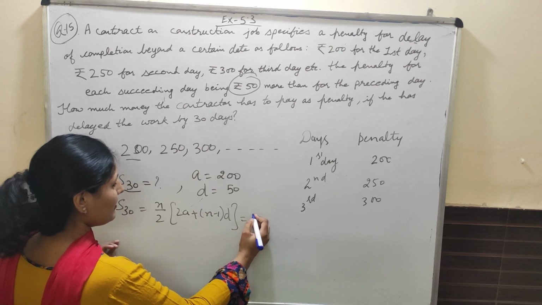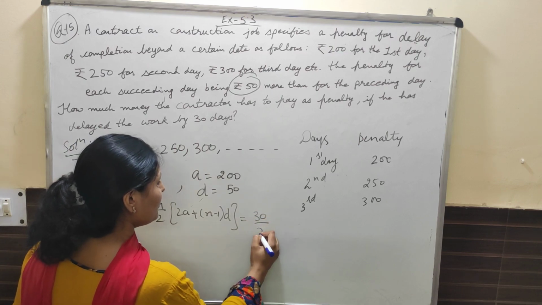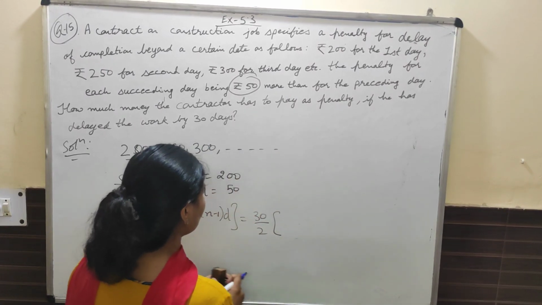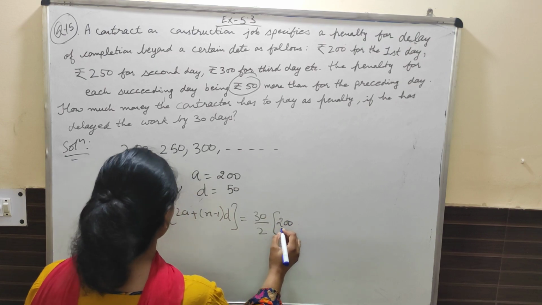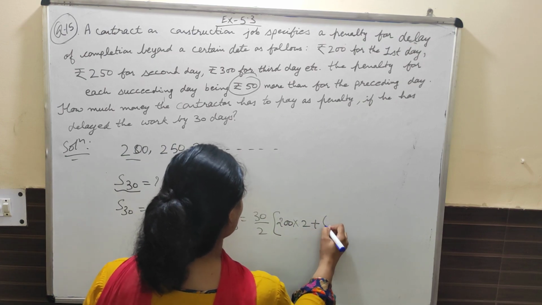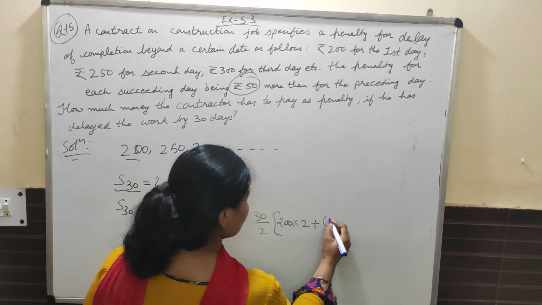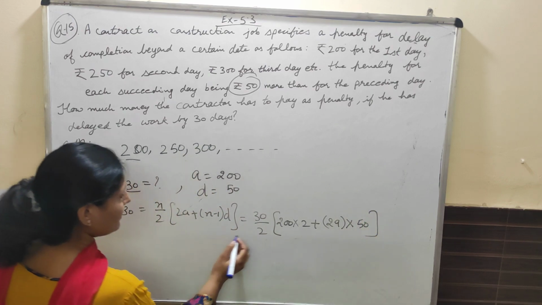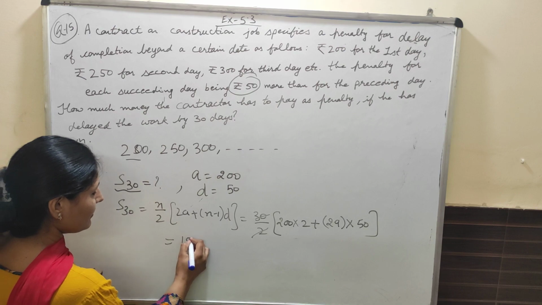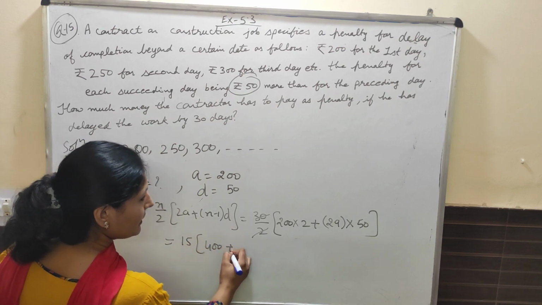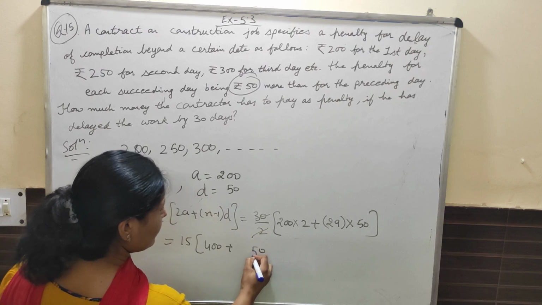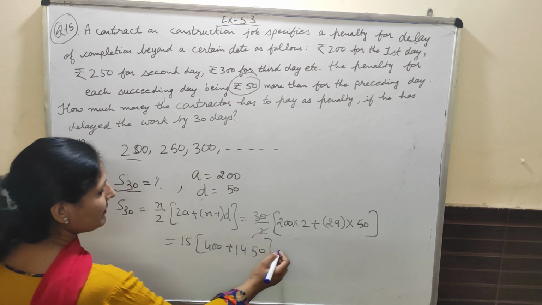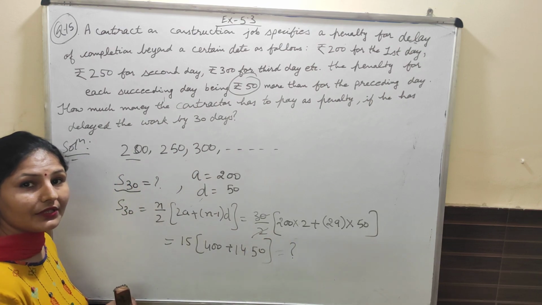Put the values here. 30 by 2, a is 200 into 2 plus 30 minus 1, which is 29, into d. d is 50. It will be 15 into 400 plus 1450. Now I think you can calculate yourself.